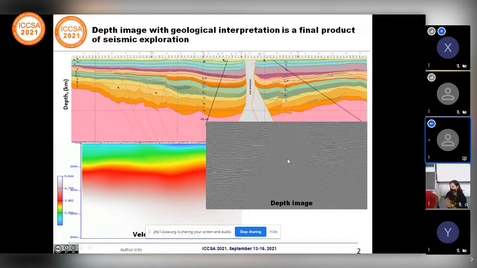To construct this image, we need to recover smooth velocity variation in the medium. I put some example here. It is the most time-demanding part of seismic data processing. The final results depend on the reliability of the velocity model.